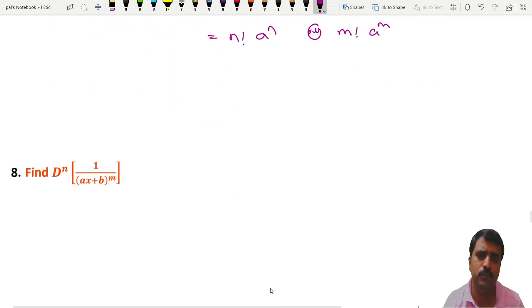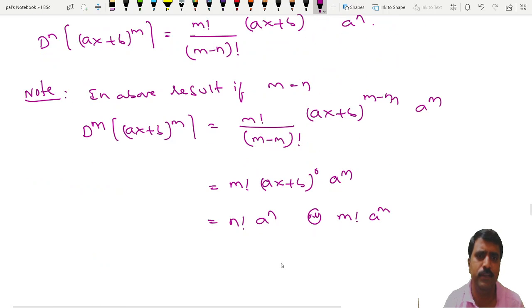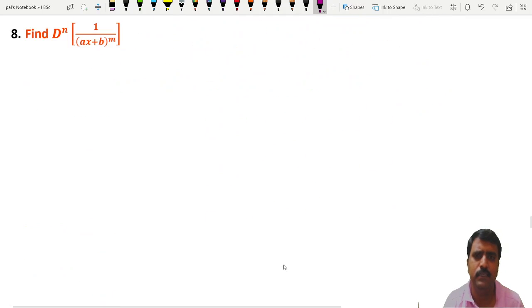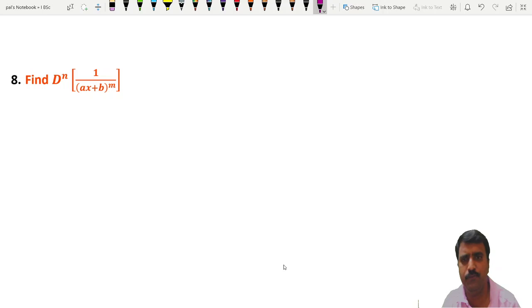Again, one more problem is to find the nth differentiation of 1 by (ax plus b) to the power of m. In this result, you can replace m by some negative number like minus p, like that you can write. Or you can solve separately. If we solve separately, let us see what we obtain.